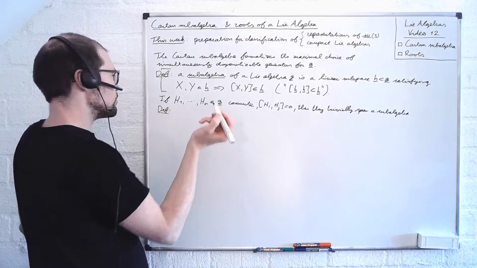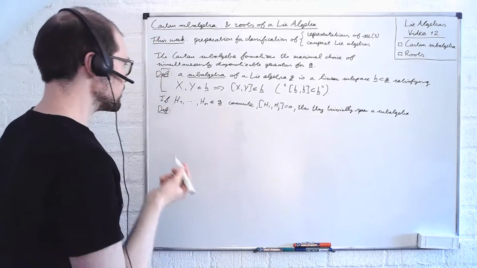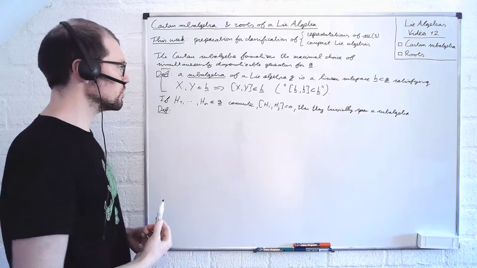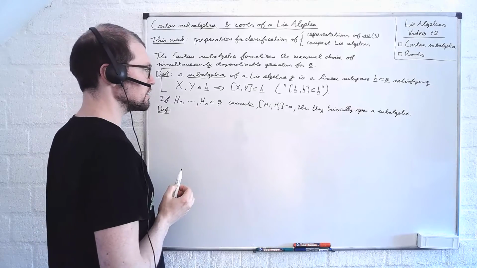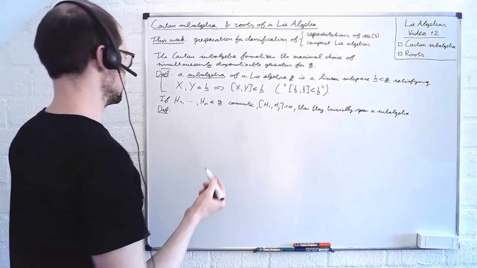So essentially that's what the Cartan subalgebra is, except that we have the additional requirement that it's maximal. So it should be a maximal set of generators that pairwise commute with each other.